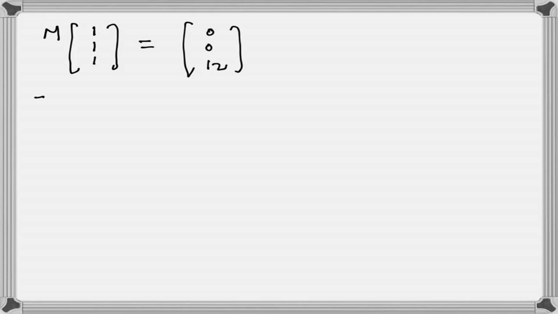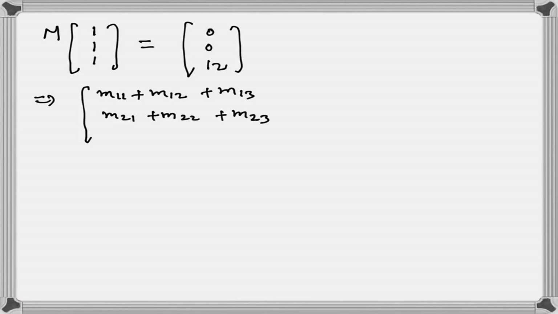So the last equation is the matrix times (1, 1, 1) equals (0, 0, 12). This implies that M11 plus M12 plus M13, M21 plus M22 plus M23, M31 plus M32 plus M33, is equal to 0, 0, 12.